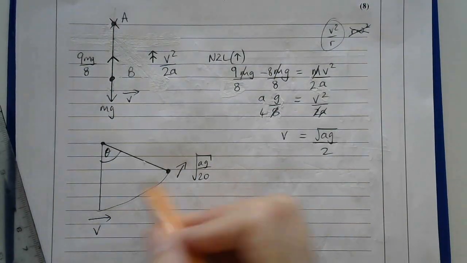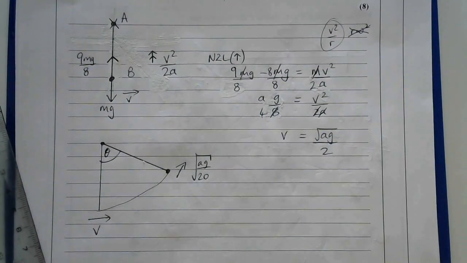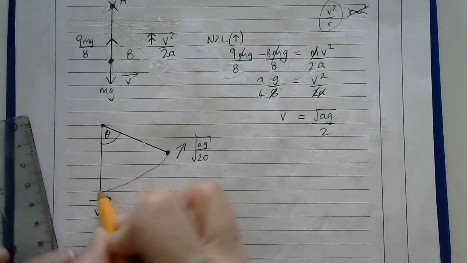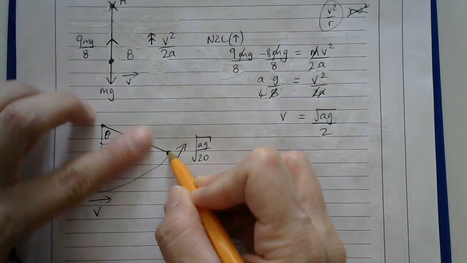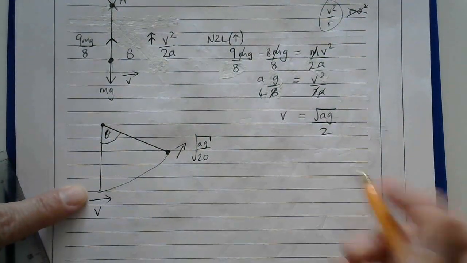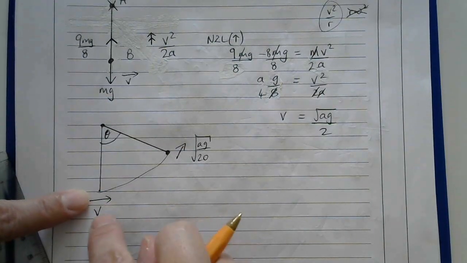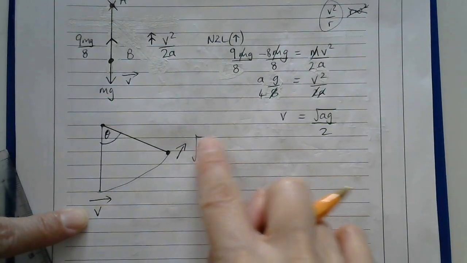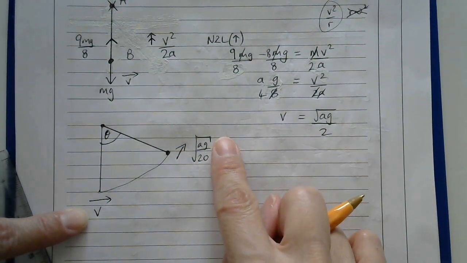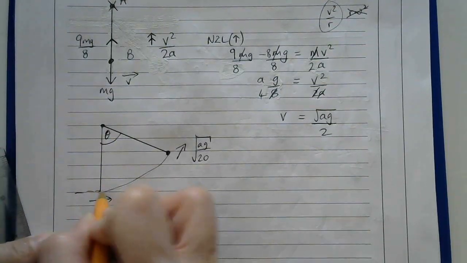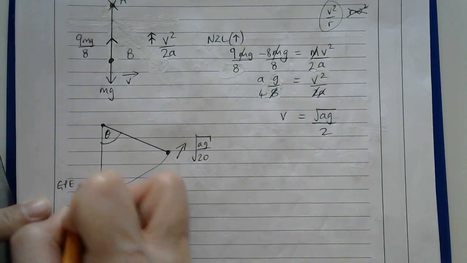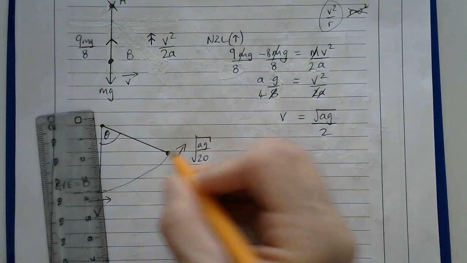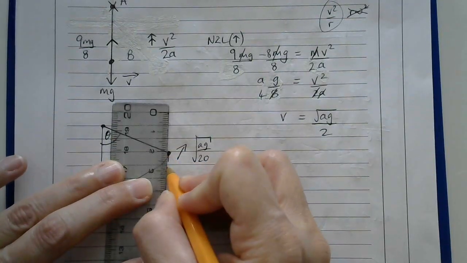So how do I link these two things? Well, I know that energy is conserved, so I can say the energy that is here is equal to the energy that the particle has here. So the energy that it has here is kinetic energy using this velocity. There's some kinetic energy here too, and I can say that the gravitational potential energy here is 0, and so here the gravitational potential energy will be mgh, where h is this height here.